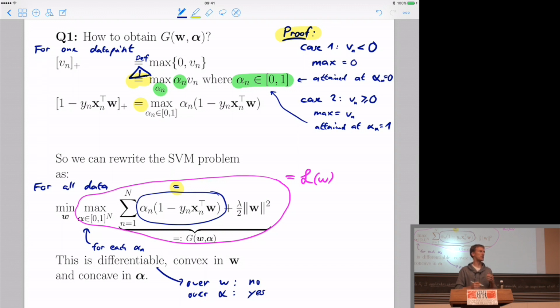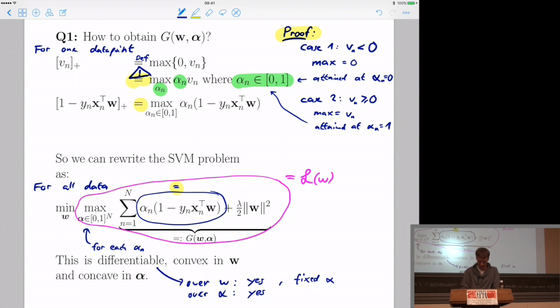Actually now this strange point, the case distinction, has disappeared, right? So for a fixed alpha, this stuff here is actually differentiable in W as well.